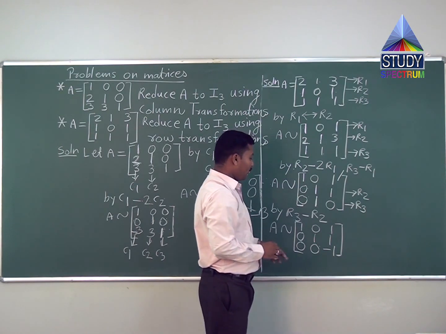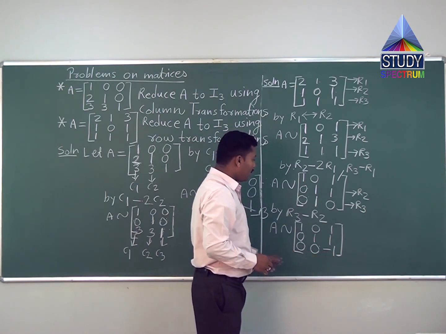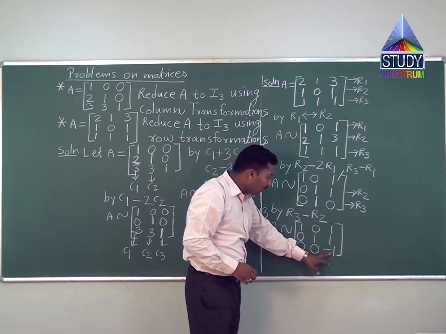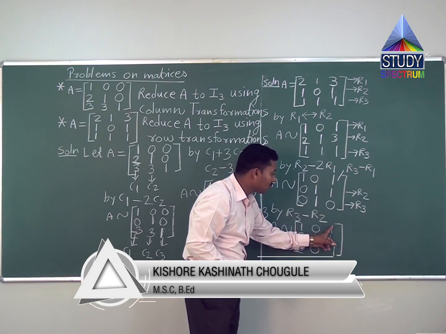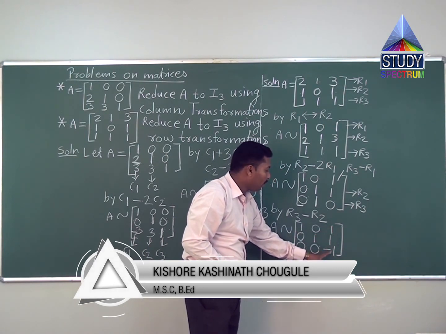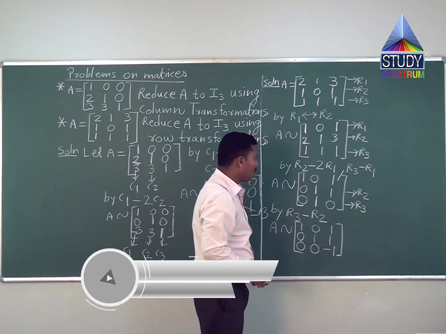So here we get minus 1, and by using this minus 1 we make the above two numbers 0, meaning 1 minus 1 is 0, and this 1 minus 1 is 0.